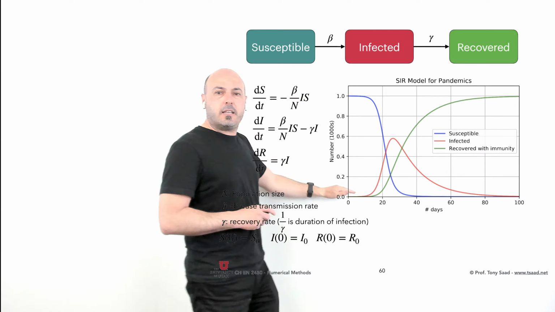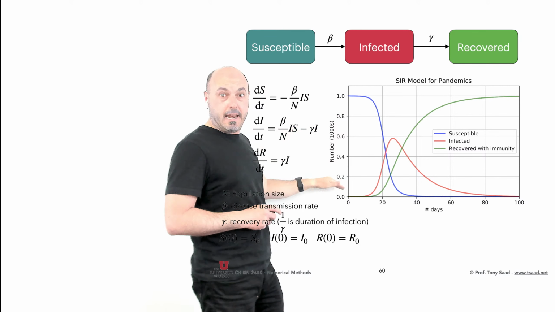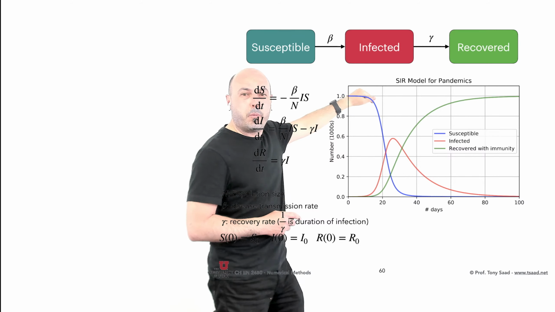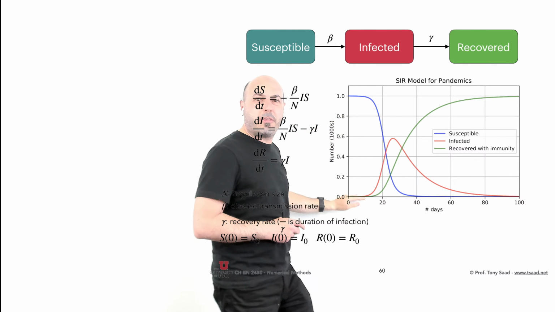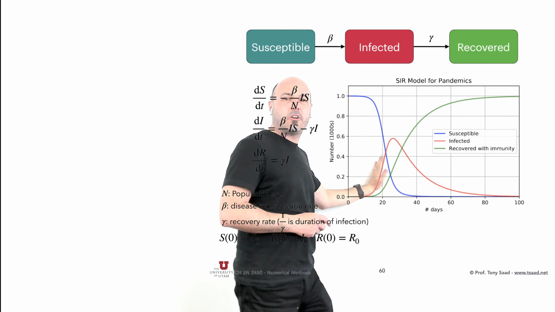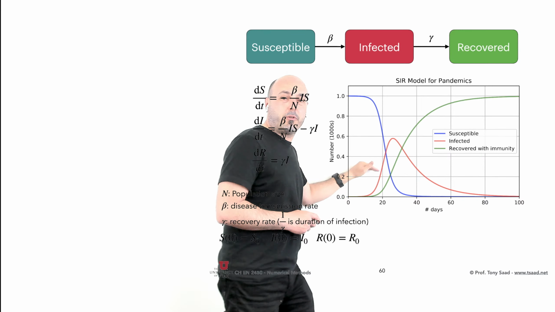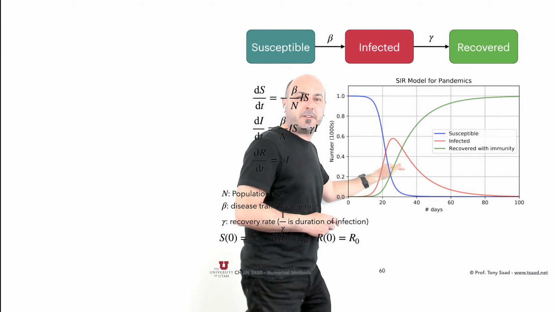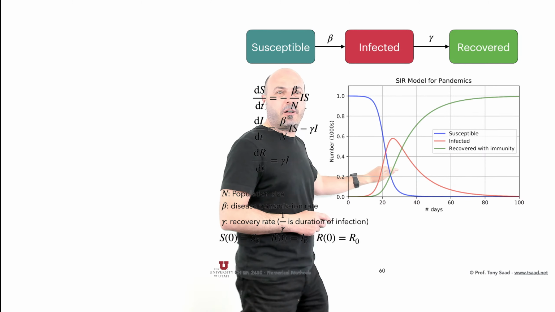Now, as the infected person interacts with the susceptible, and as they recover as well, you see the population of susceptibles be depleted, okay? But the population of the infected starts growing. Now, eventually, the infected is feeding on the susceptible, but the recovered is feeding on the infected because the infected people are recovering.